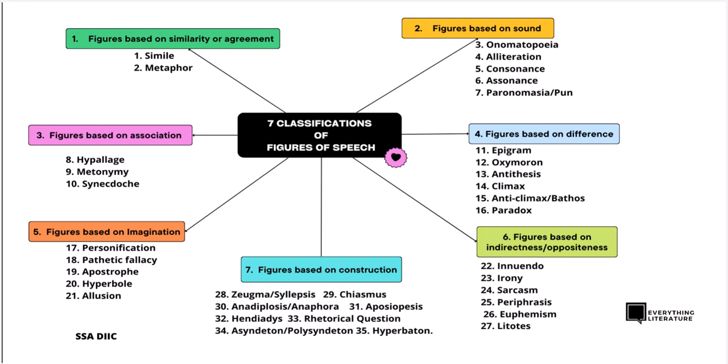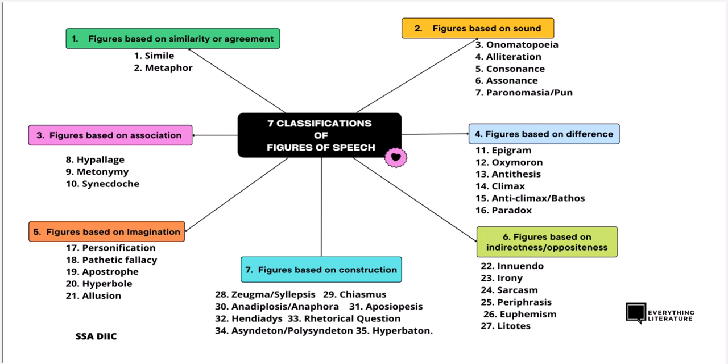Okay, figures of speech based on agreement, simile and metaphor; figures based on sound, onomatopoeia, alliteration, consonance, assonance, paronomasia, and pun; figures based on association, metonymy, synecdoche; figures based on difference, epigram, oxymoron, antithesis, climax, anticlimax, paradox.